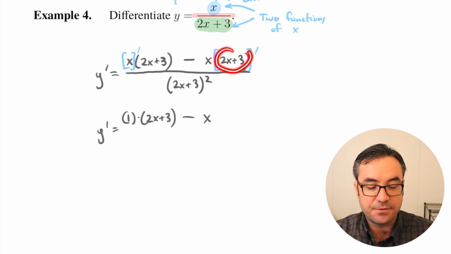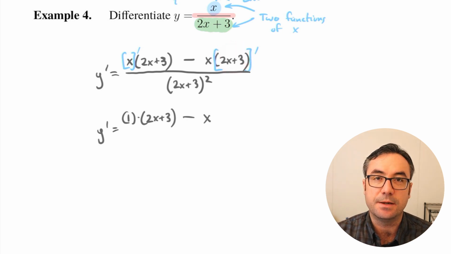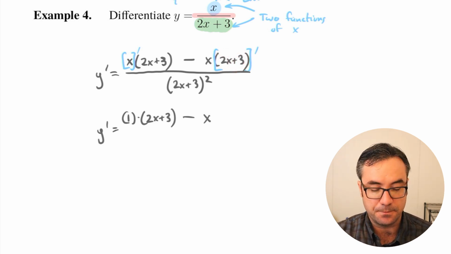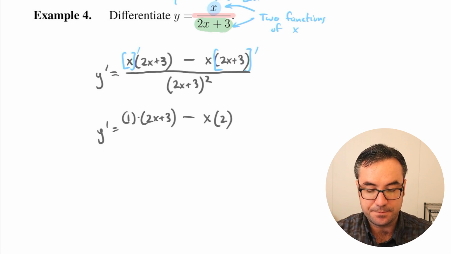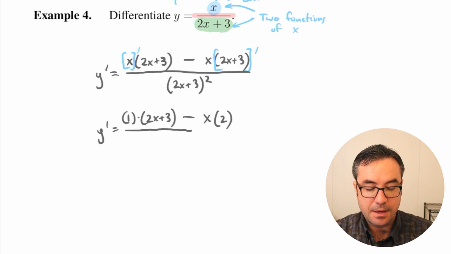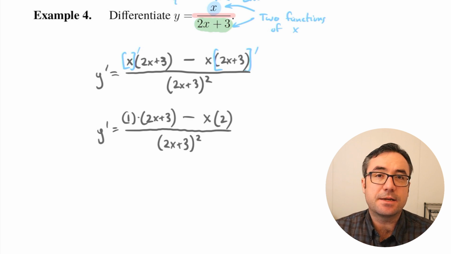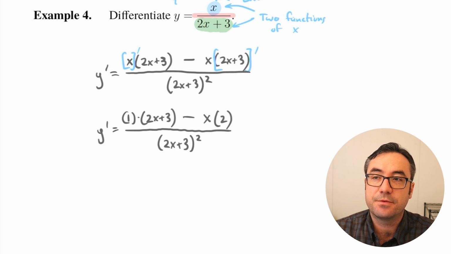And then we just need to differentiate this 2x plus 3. Derivative of 2x is just 2, and derivative of the 3 all by itself is just 0. So we get 2. And this is all over 2x plus 3 squared. And technically, we're done. We found our derivative.